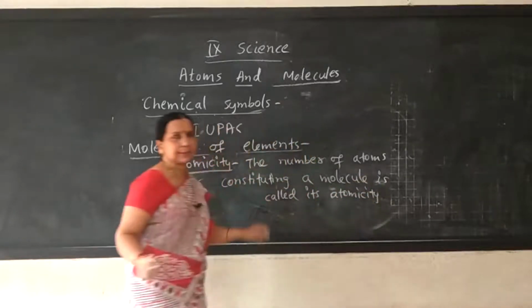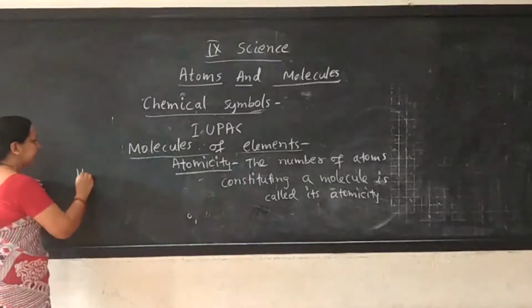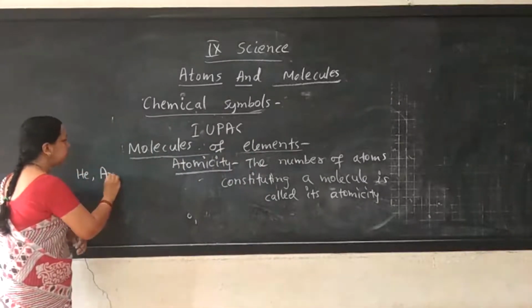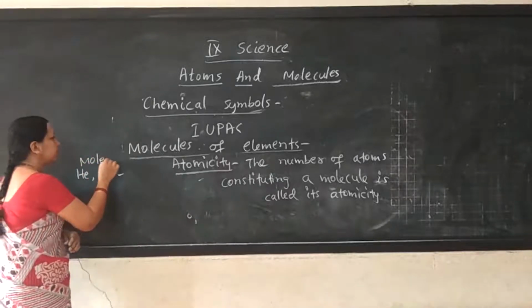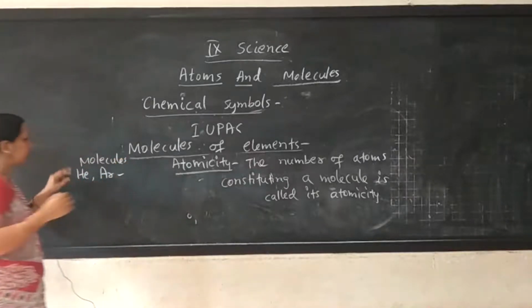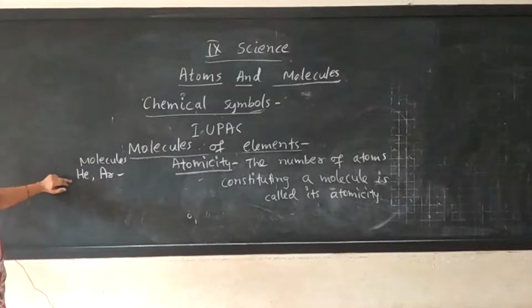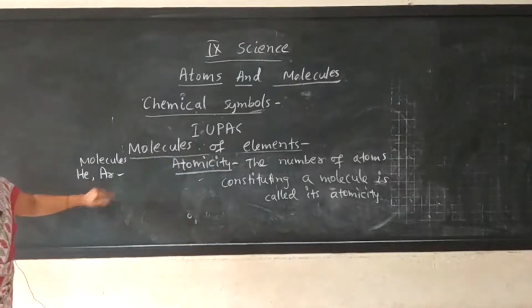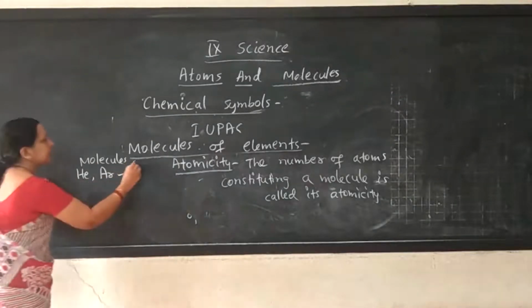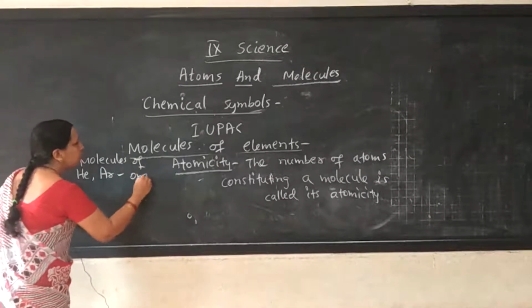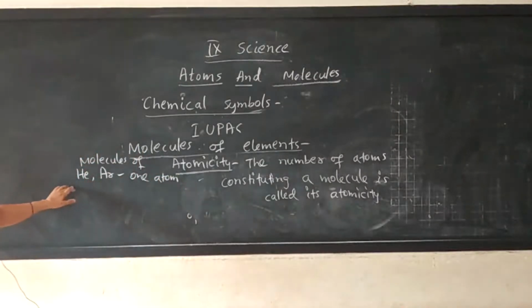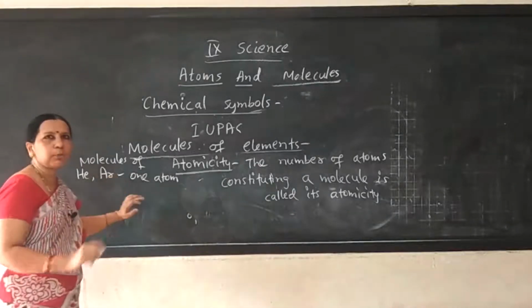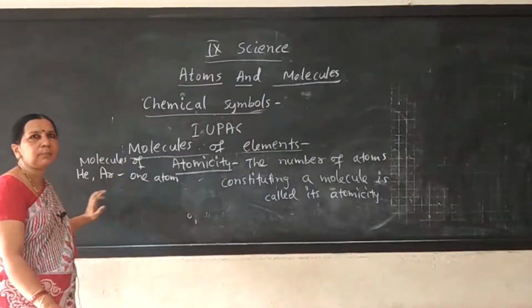Some elements such as helium and argon: one molecule of helium or one molecule of argon consists of only one atom. So a helium molecule is made up of one atom, an argon molecule is made up of one atom.